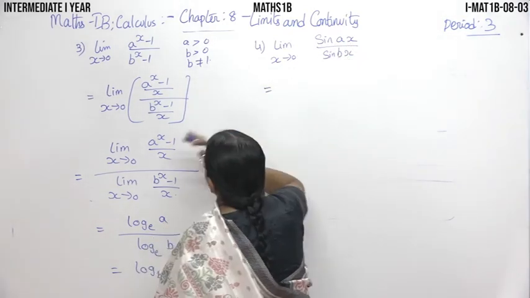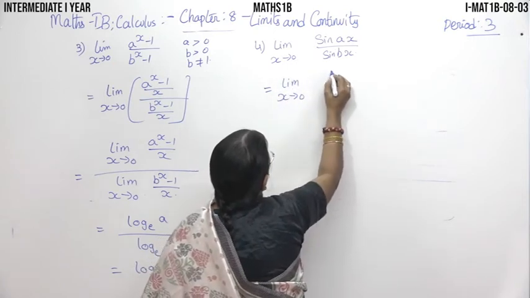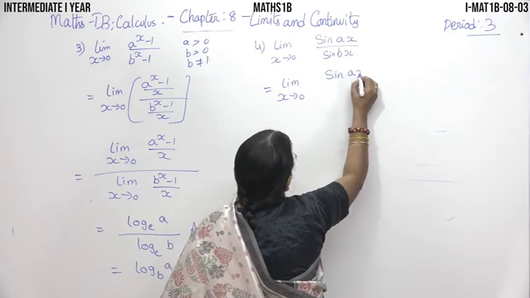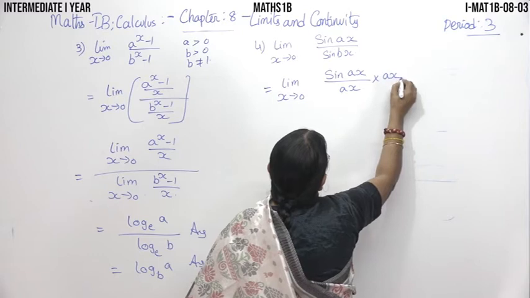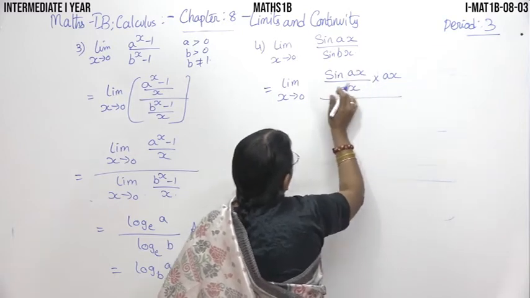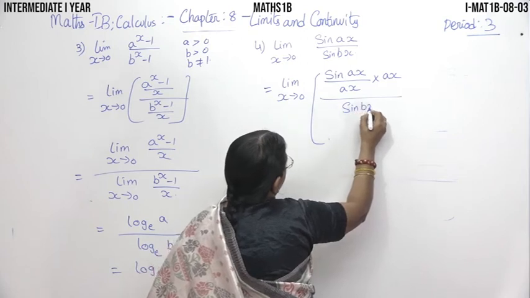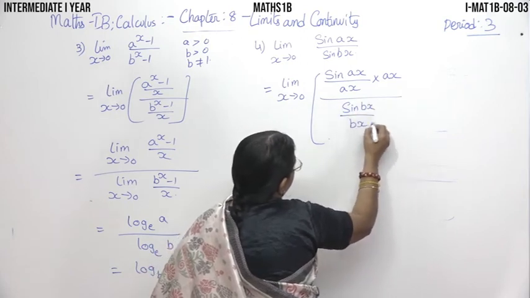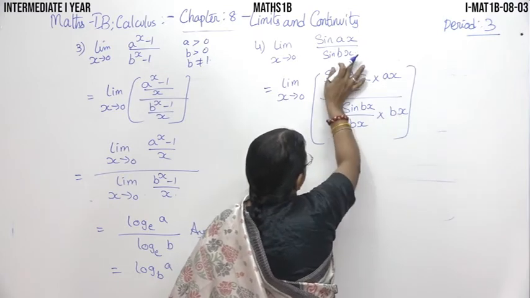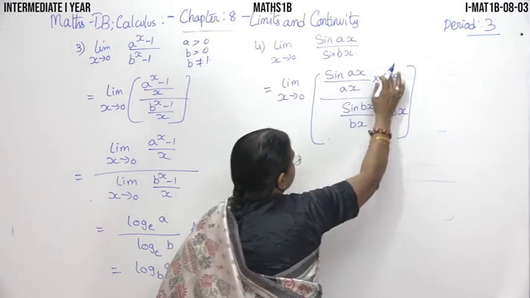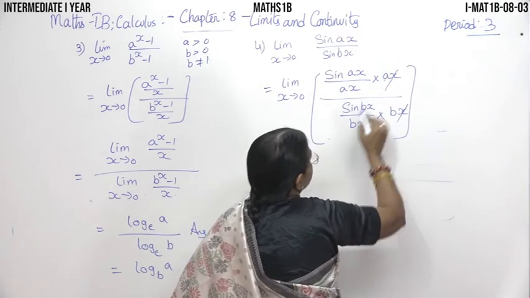So like how we did here, here also we'll multiply and divide the numerator by ax so that this part remains the same. And for the denominator, you multiply and divide by bx. Now if you see, this is a standard limit, this is a standard limit. These two are separate. Actually you can cancel this x here.